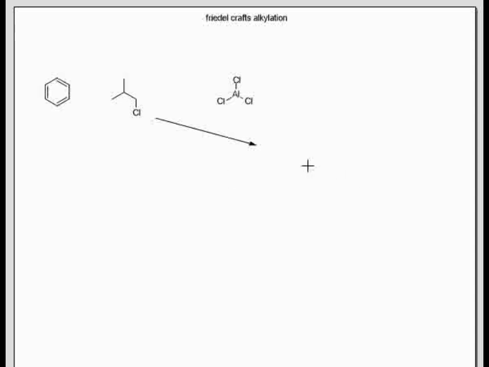One thing which is important is that we will get a carbocation like this. Let's draw that carbocation. As we can see, this is not a stable carbocation. It can rearrange to form several different types of carbocations. Here we have one hydrogen, which is going to shift to form another type of carbocation which looks like this.